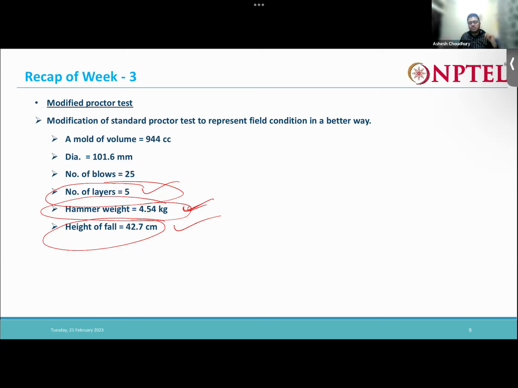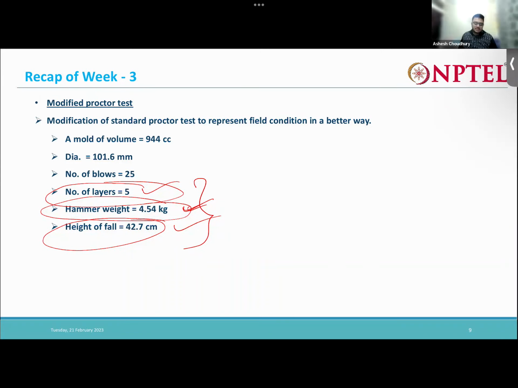So due to that, during the compaction, when you compact the layers, you are putting more energy per layer. So what will happen is that you can put more amount of soil in that same volume. Okay, so this is the modified Proctor test. So these three things: in the standard Proctor test there were 3 layers.